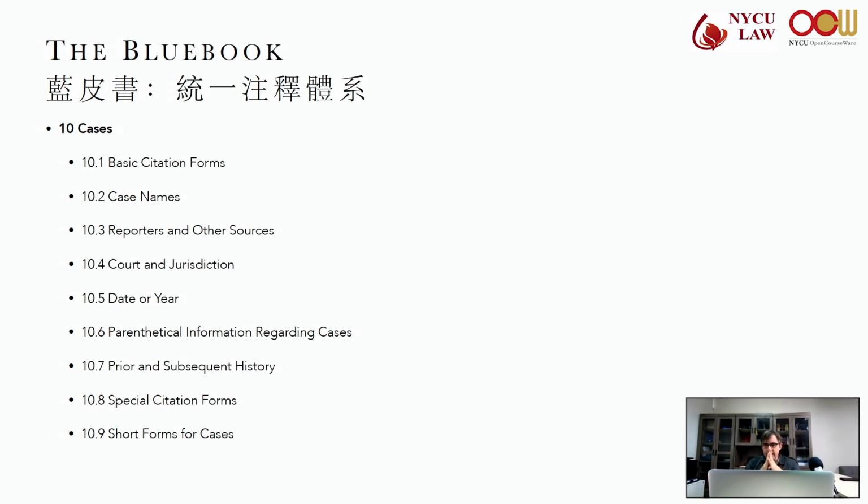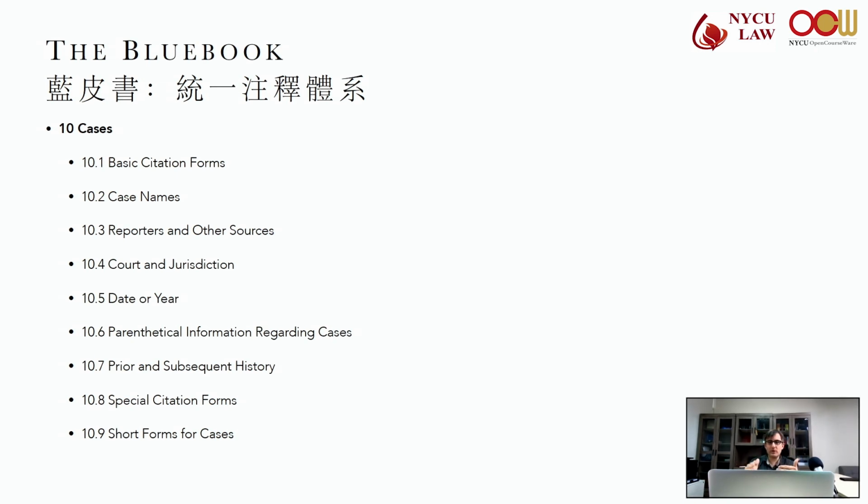Commercial electronic databases, this is Rule 10.9.2. So the rule here is cases that are available on an electronic database like Westlaw use a unique database identifier, if there is one, when you construct the short form. So they give the example of the Clark case.